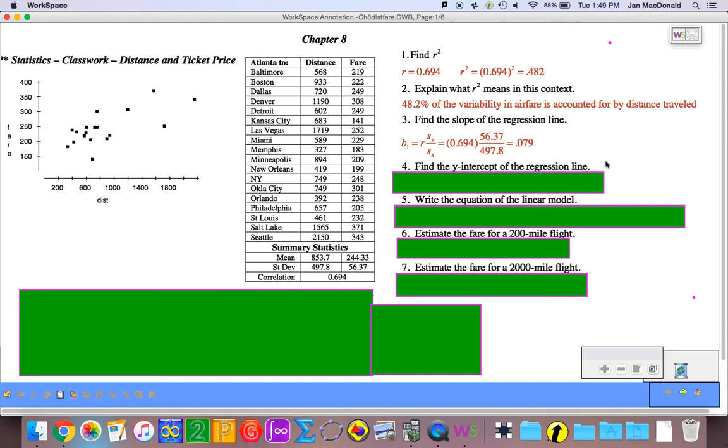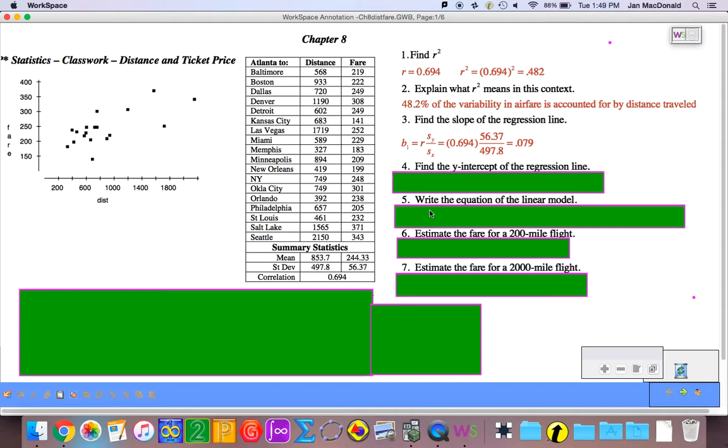Find the y-intercept. Well, B naught, that's what we call the y-intercept in statistics. B naught is equal to y bar minus the slope times x bar. Well, x bar is the mean of my x's, 853.7. Y bar is the mean of my y's, 244.33.